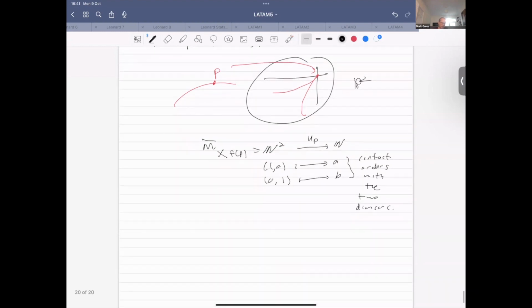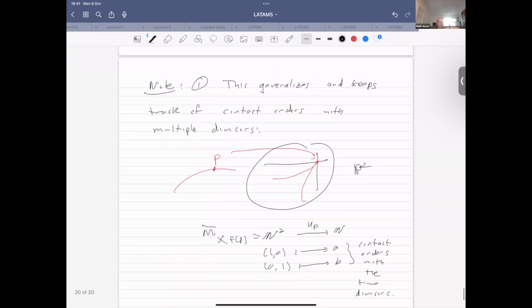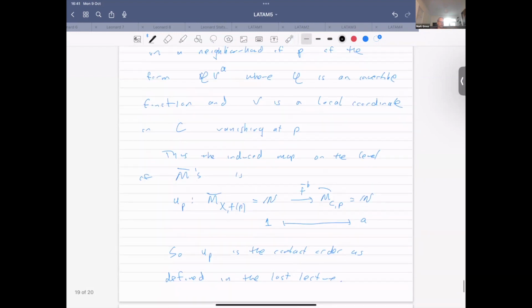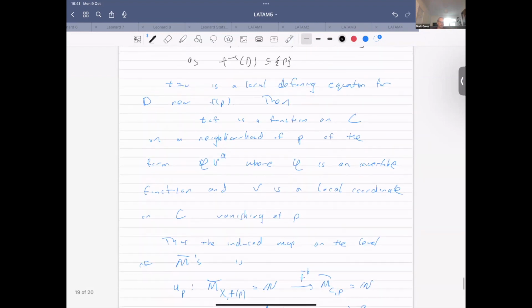Second point is that this definition of contact order continues to work, I should say, even when f of C lies in D. So as I said, that was a fundamental problem in defining contact order, even in this classical situation here.